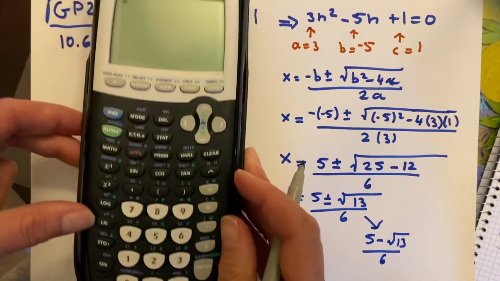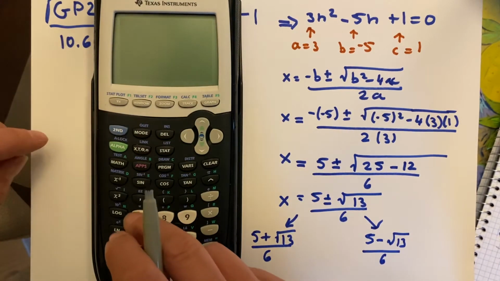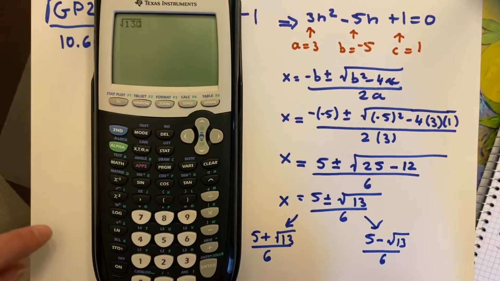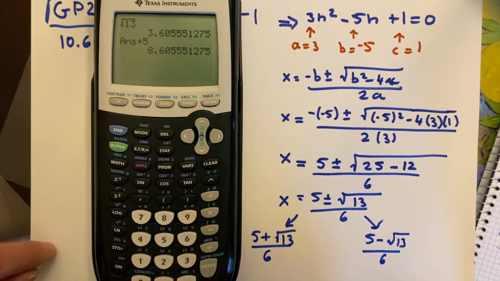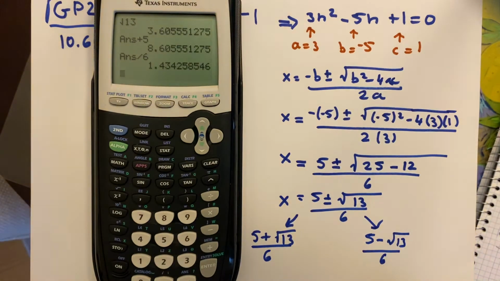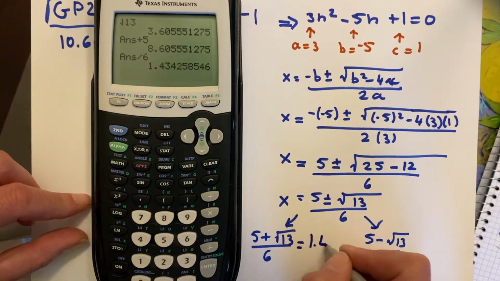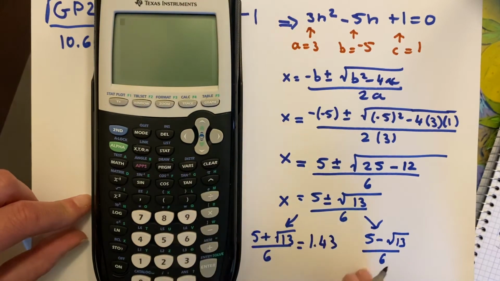So let me put this in my calculator. The square root of 13 plus 5 is 8.6, divided by 6 gives me 1.43. Okay, let me do the other one over here.